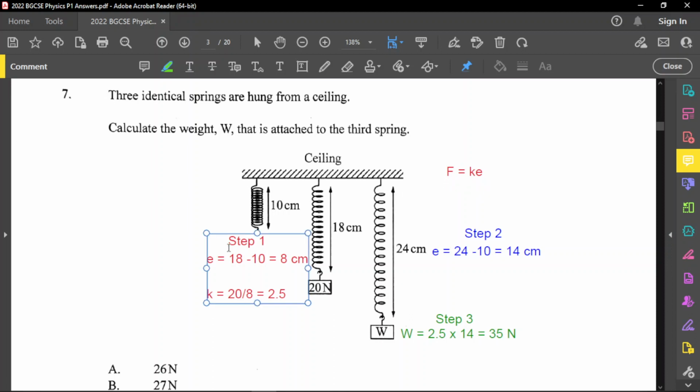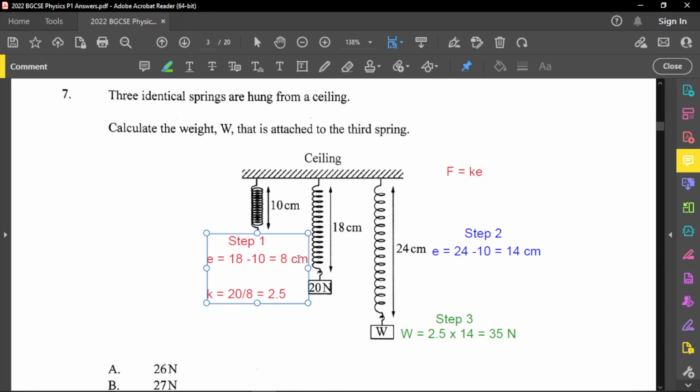For step 1, this spring, which is 10 centimeters, is the unstretched spring. When you apply 20 newtons to this, the spring will extend to 18 centimeters. So what we did right here is calculate the extension, E, which equals 18 minus 10, where 18 is the length when the 20 newtons apply, and 10 is the unstretched spring when there's nothing applied to it.